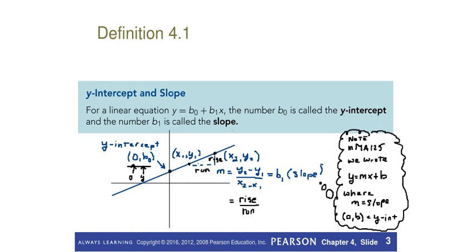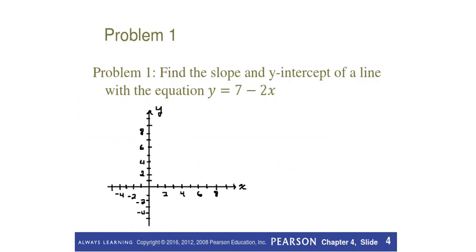And let's go through an example, the first one on your handout that describes this. Let's find the slope and the y-intercept of the line with the equation y equals 7 minus 2x. Well, if we apply the formula here, the formula states that we have y is equal to b sub 0 plus b sub 1 times x.